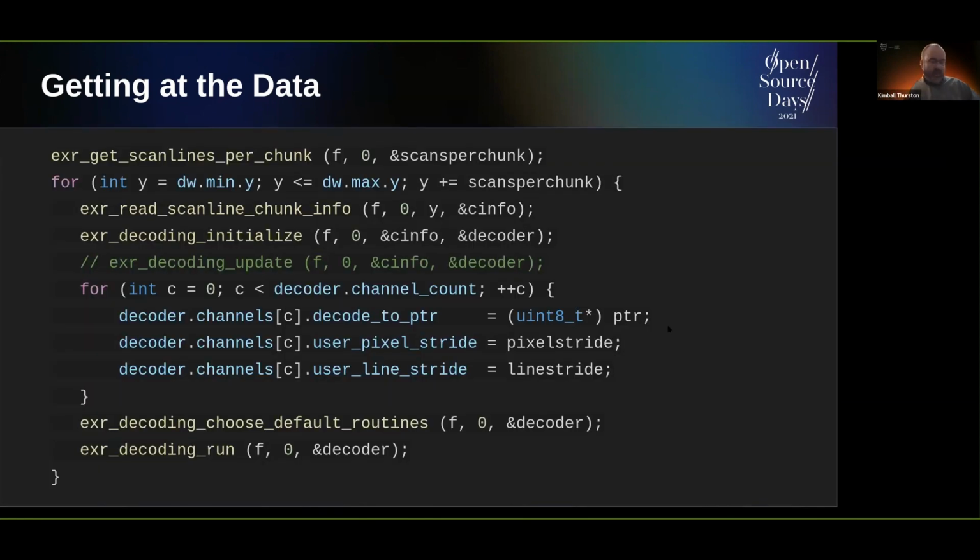Okay, so pictures are nice, but code really speaks volumes. So what does this look like in code? As I mentioned, this is an example of reading a scanline file. You can say, hey, how many scan lines are there per chunk of data?